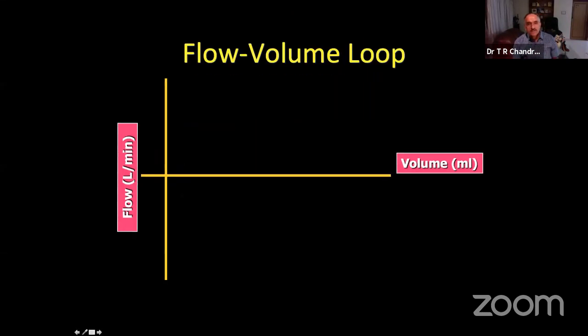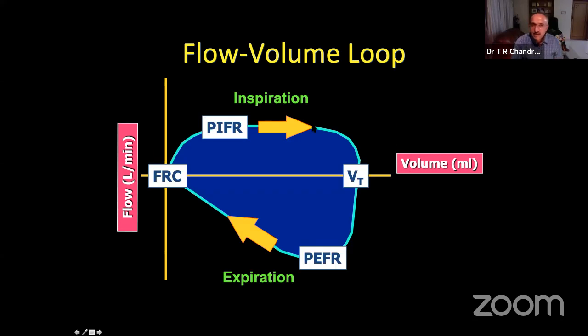To understand the concept, this is very good. Then looking at flow versus volume loops, as I have said, because flow is there, there is a representation below the baseline. Whenever there is a representation below the baseline, it is always flow. If you remember the flow scalar, this is peak inspiratory flow rate, and this has to be peak expiratory flow rate. And this is volume, so this has to be FRC, and this has to be tidal volume.